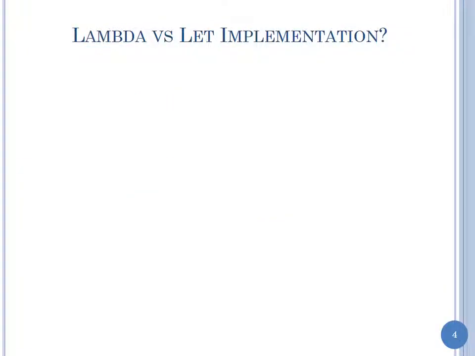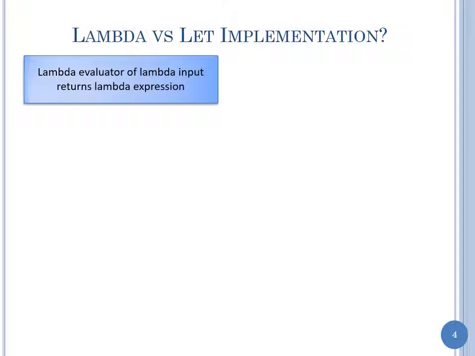And let's look at lambda versus let implementation. The lambda implementation is more complicated. You have to worry about three or four things. You have to worry about the lambda evaluator, which returns a lambda expression. We have to worry about whether that expression is an atom or not an atom, and it's unintuitive to have it be an atom, and yet it is an atom.